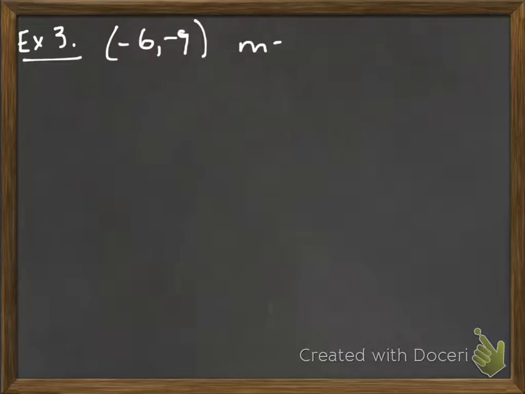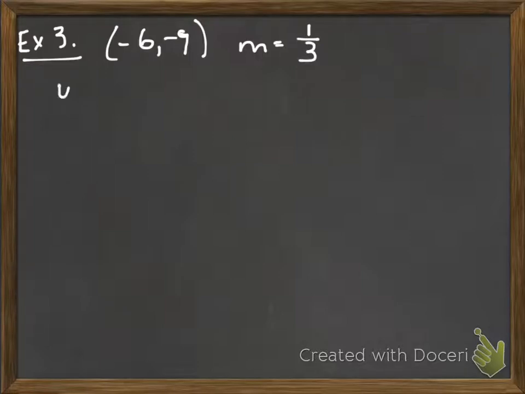Okay, let's look at another example. We're going to write an equation in point slope form for a line that passes through negative 6 and negative 9 and has a slope of 1/3.